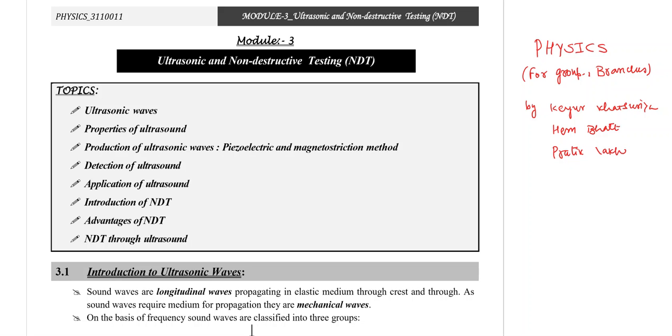There are three authors, by Pratik publication. We will discuss all the topics from this book. The book which we refer for this entire unit is the Physics for Group 1 branches by Pratik publication.